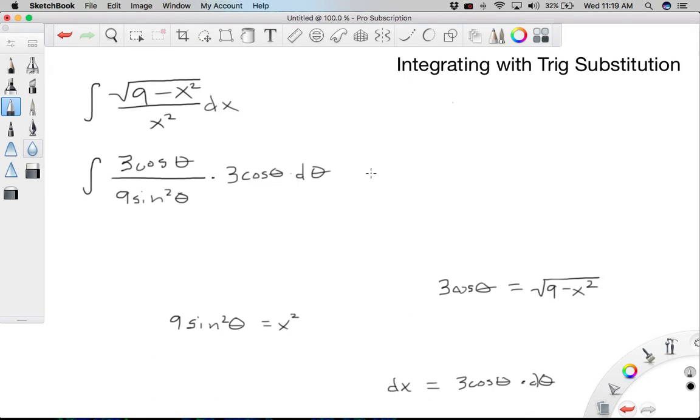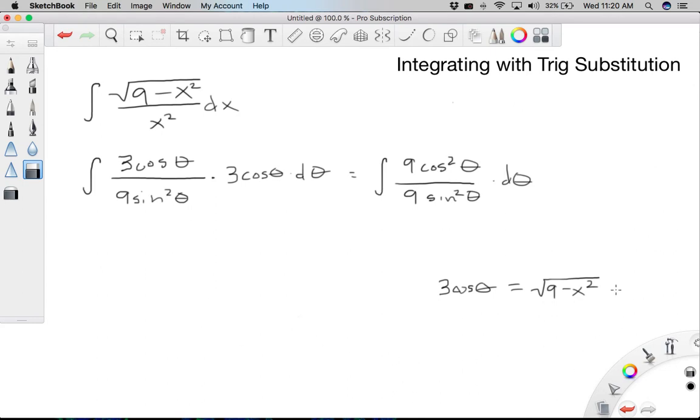times d theta. Okay, I am then going to simplify this a little bit by moving this 3 cosine of theta onto the top of our fraction. So basically what we're going to have is 9 cosine squared of theta divided by 9 sine squared of theta times the d theta. Okay, I'm going to go ahead and erase these 3 pieces here.